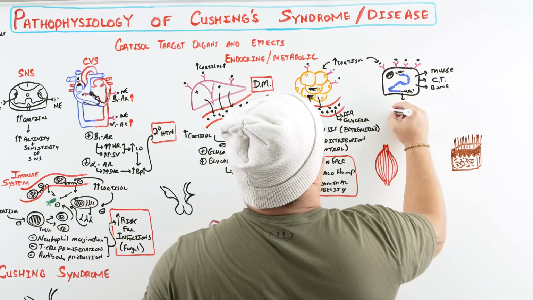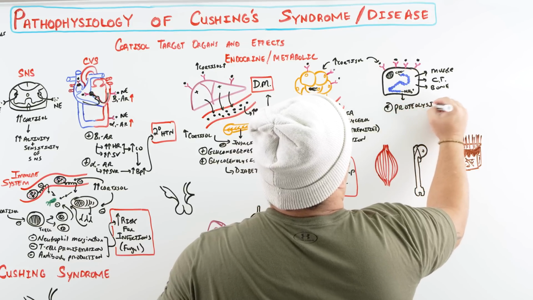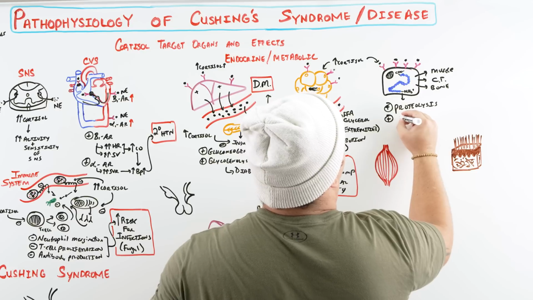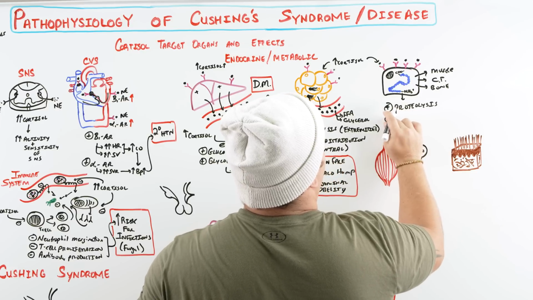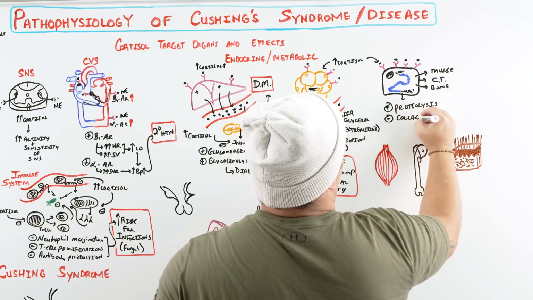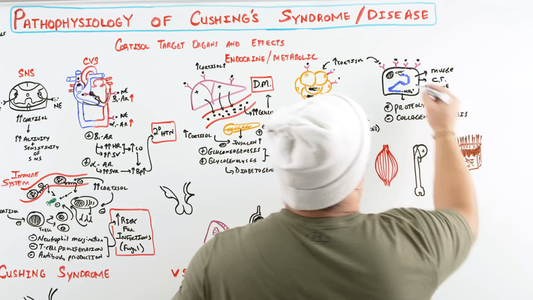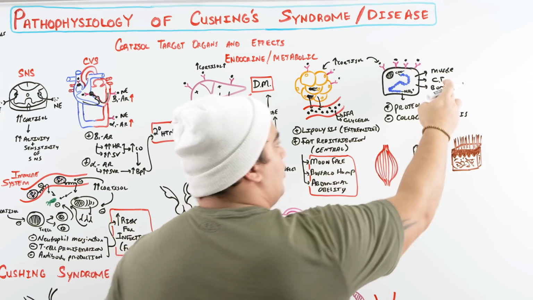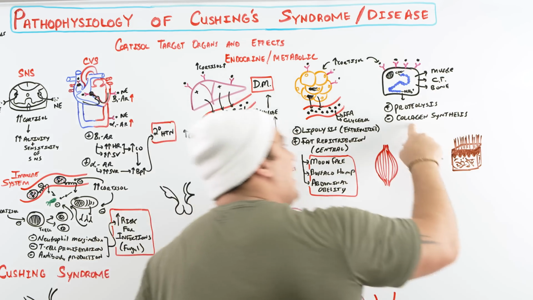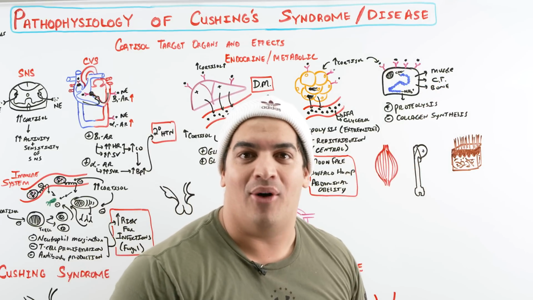For these cells, I'm going to induce an intense proteolysis. And I'm actually going to inhibit the synthesis of a very specific type of protein. I'm going to inhibit collagen synthesis. And this is a real big deal because I'm going to break down proteins that are in muscle, connective tissue, and bone, and I'm going to inhibit collagen synthesis, which is important, especially in connective tissue and bone.